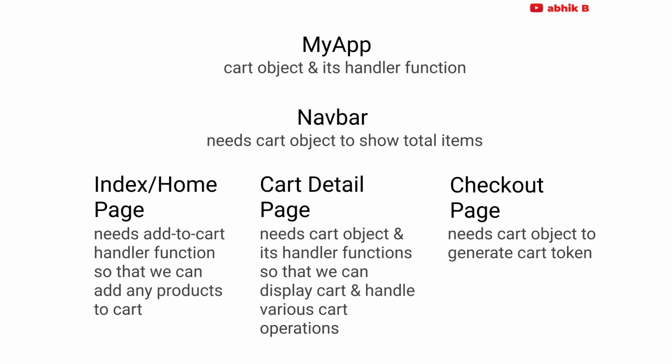The next page will be the cart detail page. Here we need our cart. Also, later we will create a navbar component, and then we need the cart there too. Then we will create another page, the checkout page. There also we need our cart. So that is why I am moving this cart to the top level of my component.